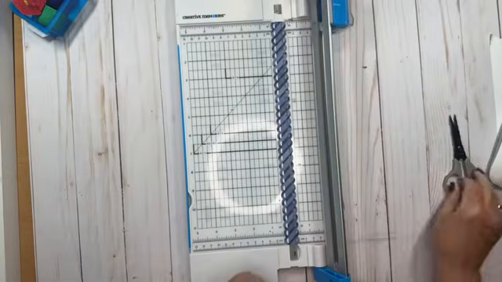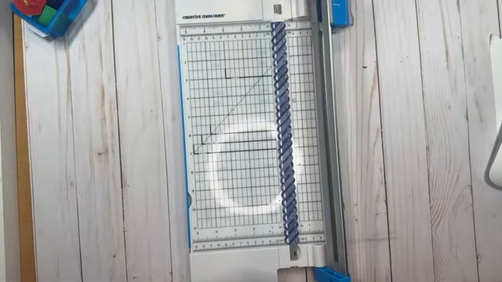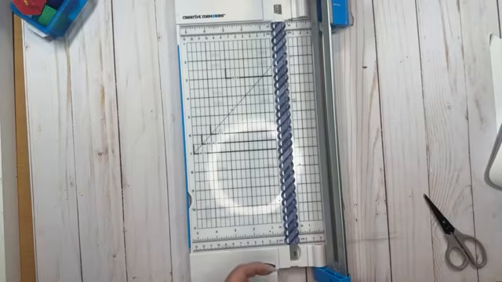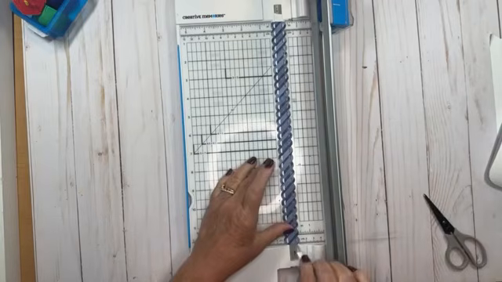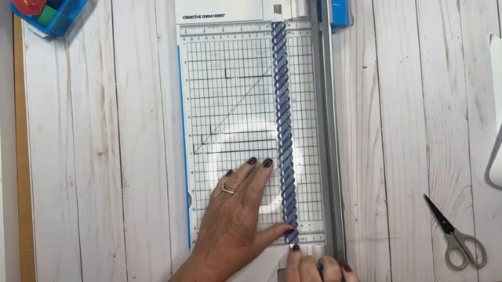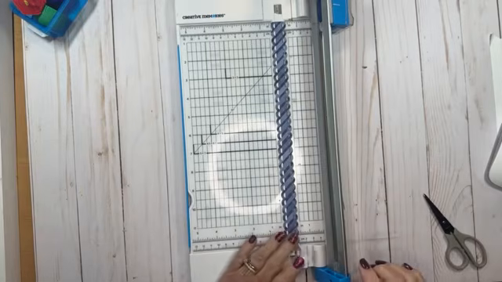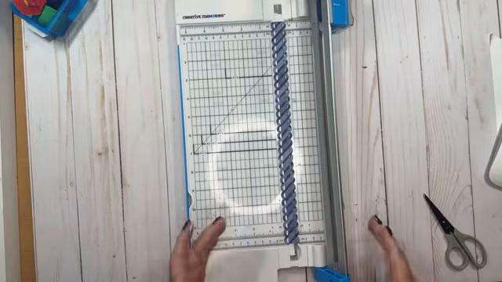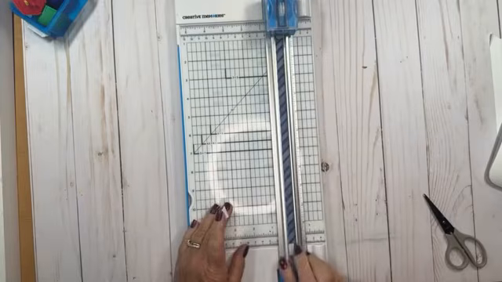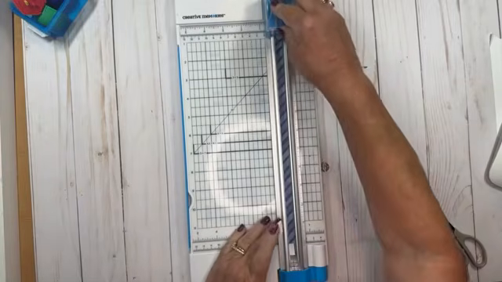Now the reason that I don't put much more tape than that on the printed paper is that even stencil tape will take off the pattern. So I try to put very little stencil tape on it. But that will hold it down for you, okay? You can use a Post-it note too.